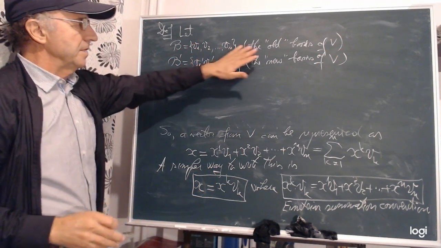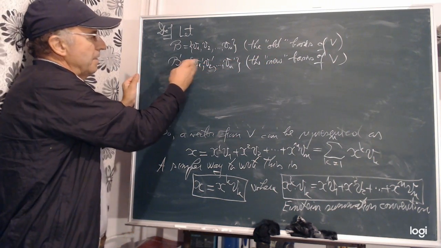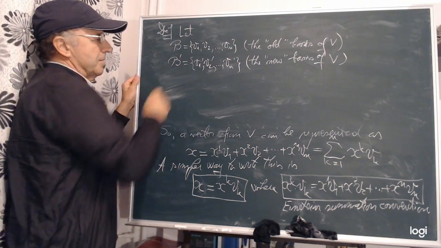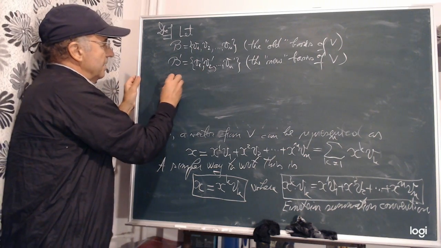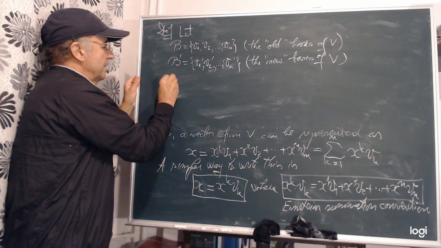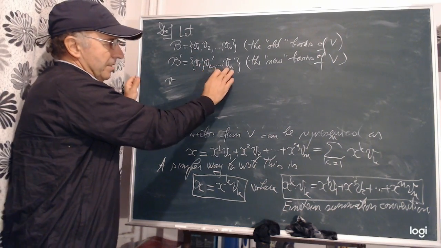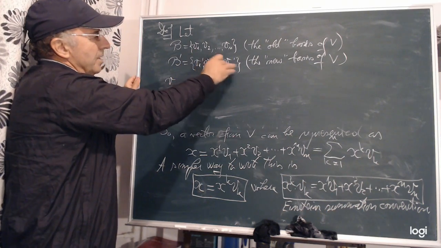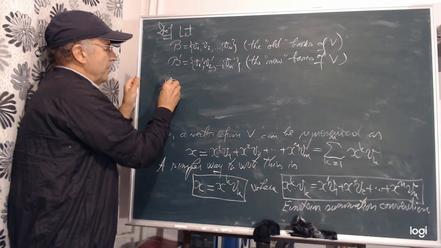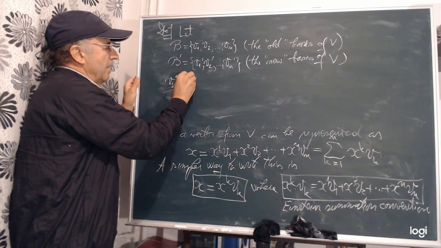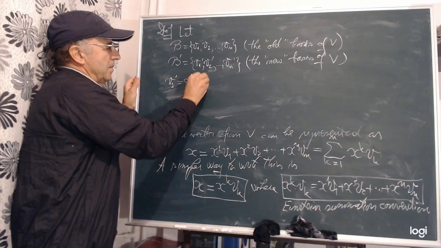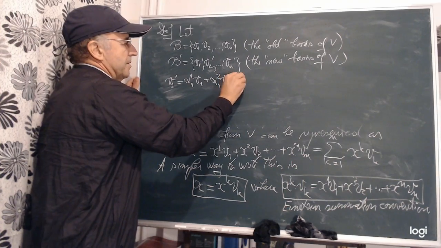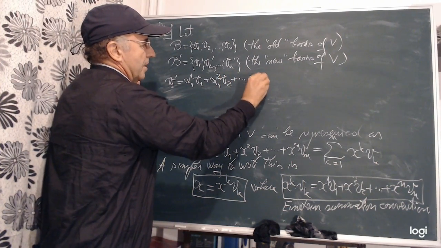Each of them is a basis of V, so any vector from V can be written as a linear combination of these vectors. We consider each vector of the second basis, and we write it as a linear combination. v1 prime let be alpha 1,1 v1 plus alpha 1,2 v2 plus so on, plus alpha 1n vn.